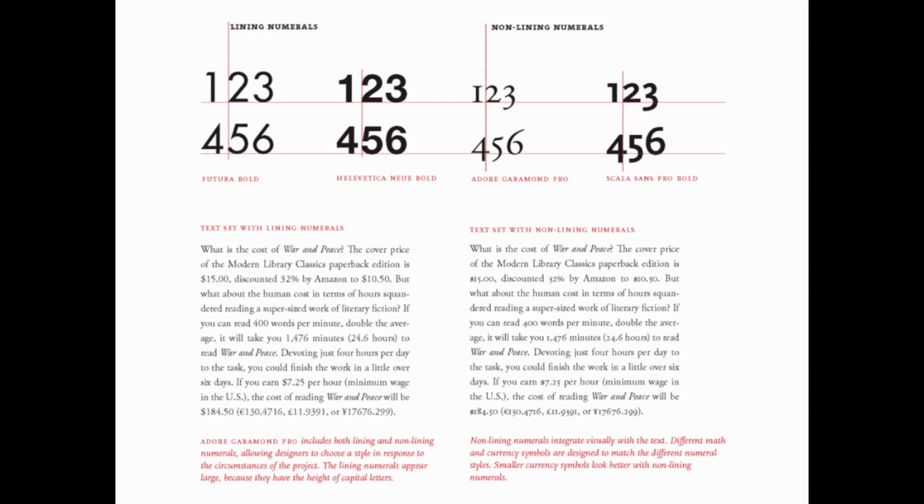So by using the non-lining numerals, same thing happens with our small caps. Instead of our large caps, it allows us to read in the flow of the document rather than having certain things jump out at you.